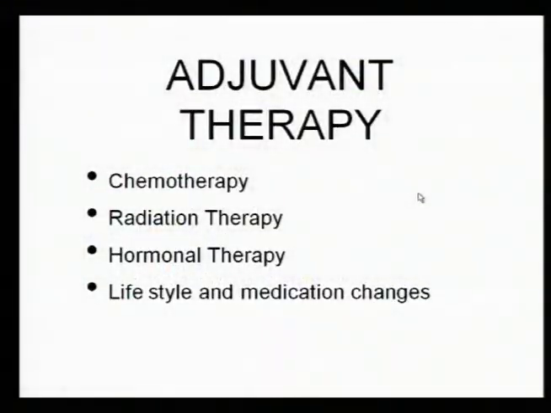What do we need to do from an adjuvant standpoint to avoid this cancer from recurring in the future? And is there a role for chemotherapy, radiation therapy, hormonal therapy, and what lifestyle and potential medication changes can be helpful for her?